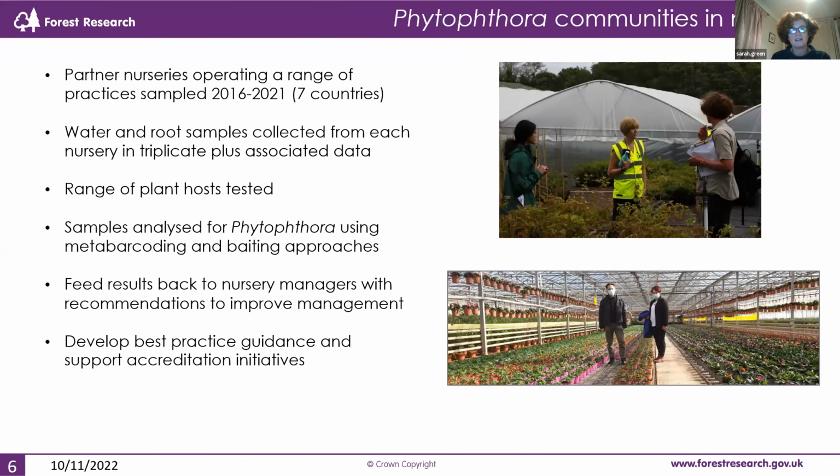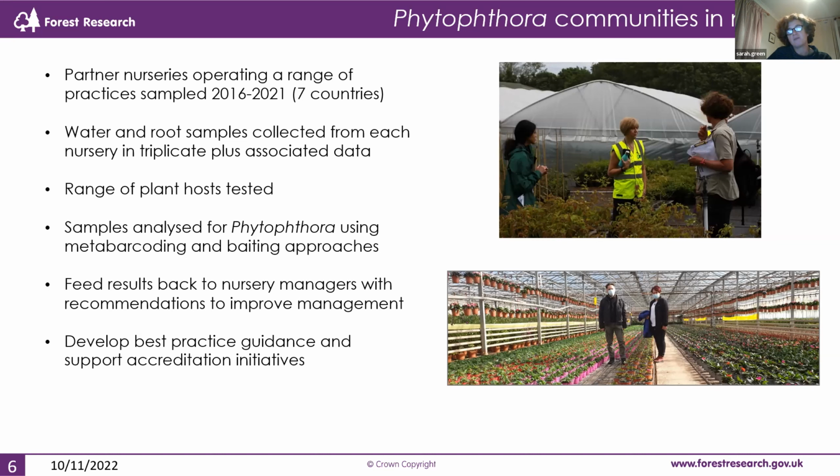So we were really lucky to have a good number of nurseries to work with who offered themselves up for sampling. And it wasn't really that much of a struggle, to be honest, because I think a lot of nursery managers really do want to improve practice, and they were quite keen to be engaged in the science projects. They were all anonymized, so they're not named in any reporting, which helped in getting them on board.